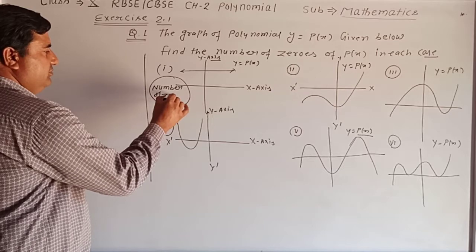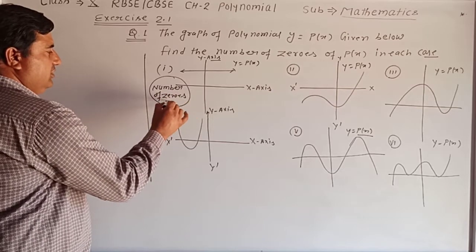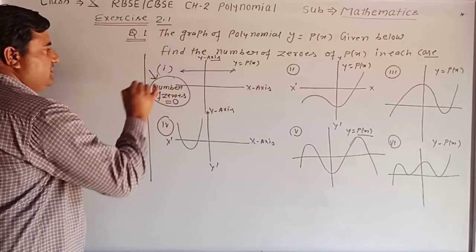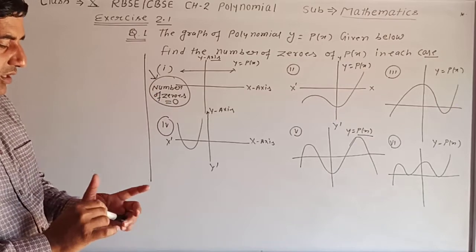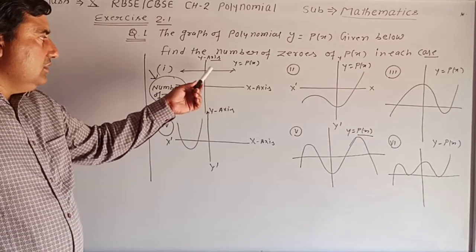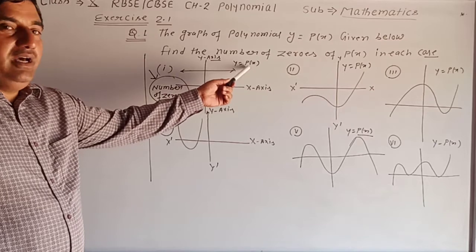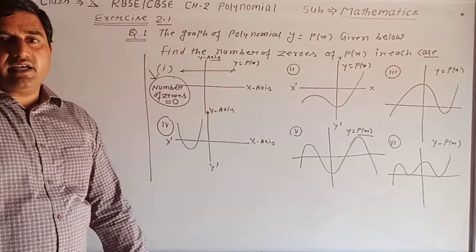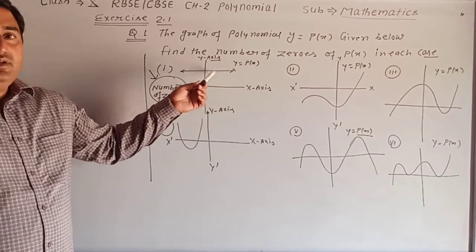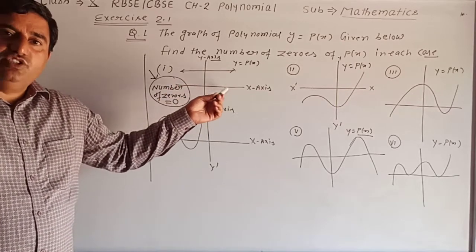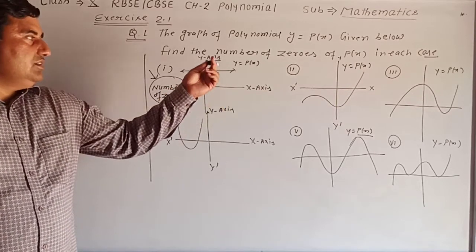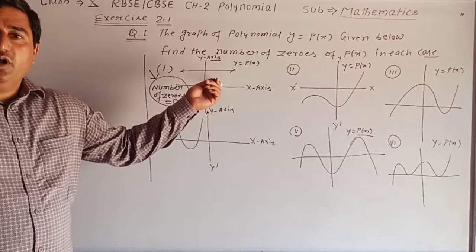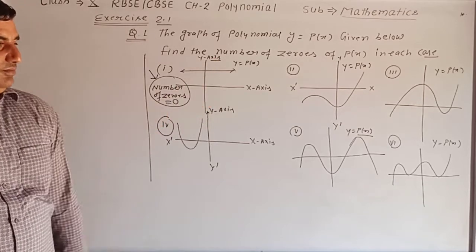Number of zeros equals 0 in this case, because these polynomial graphs do not intersect the x-axis. This graph intersects the x-axis 0 times, then the number of zeros is 0.